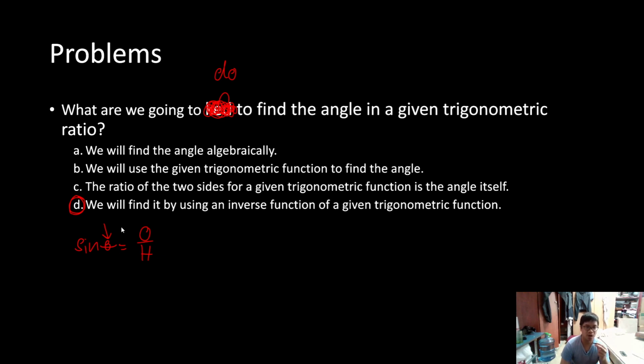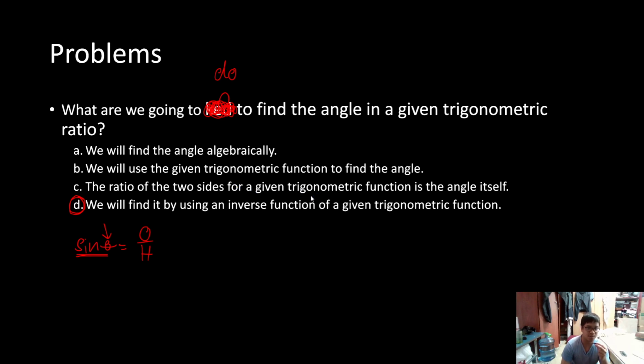Two, in letter B, we will use the given trigonometric function to find the angle. Well, this is already a given trigonometric function, but this is a bit broad. Okay, you're going to use it to find the angle, but in what way? So B is not the valid answer here.